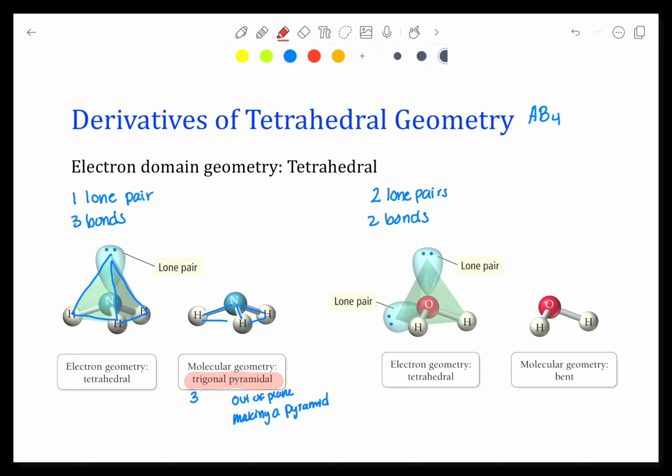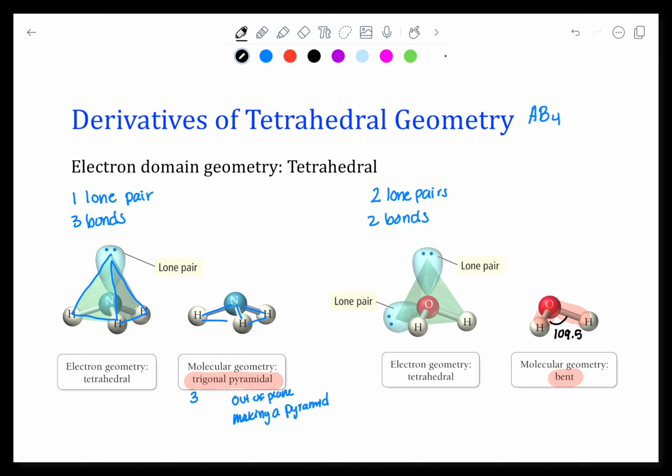So if we look at just our bonds, we see that we have 1 bond and 1 bond. So our 2 bonds are now making up another bent structure. So we have 2 versions of a bent structure. We differentiate them because this bond angle is 109.5.